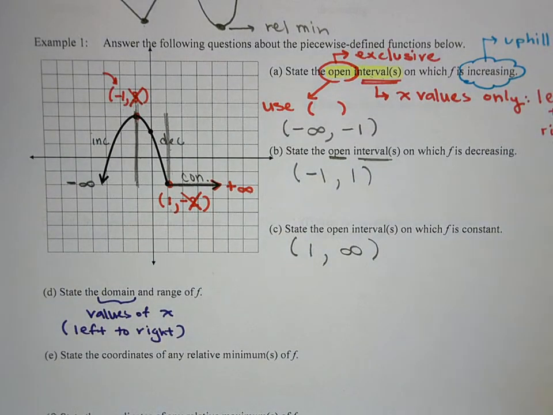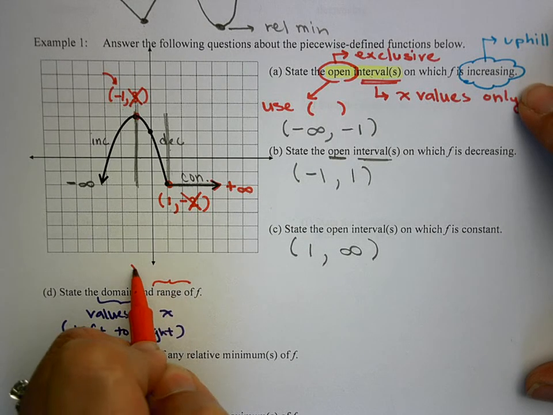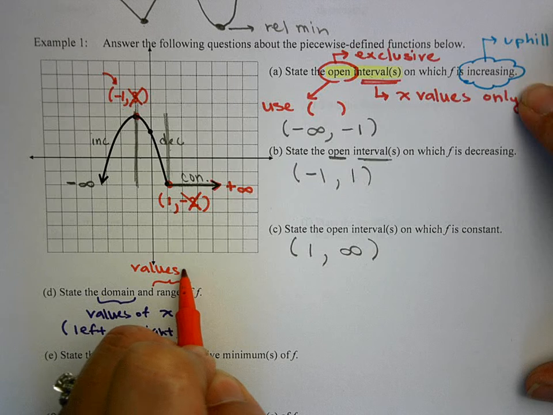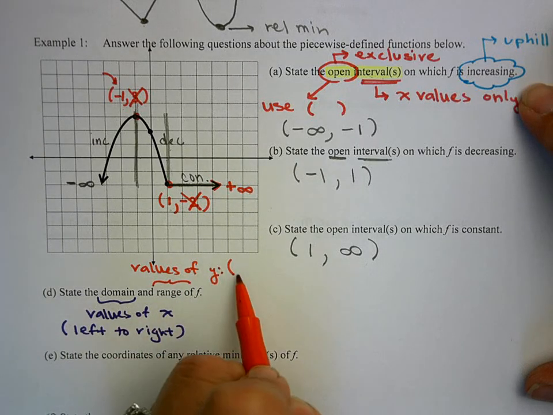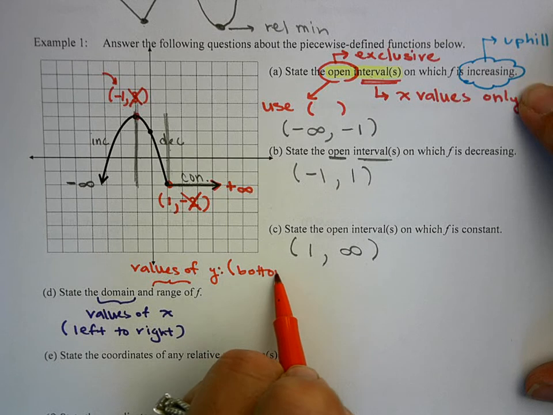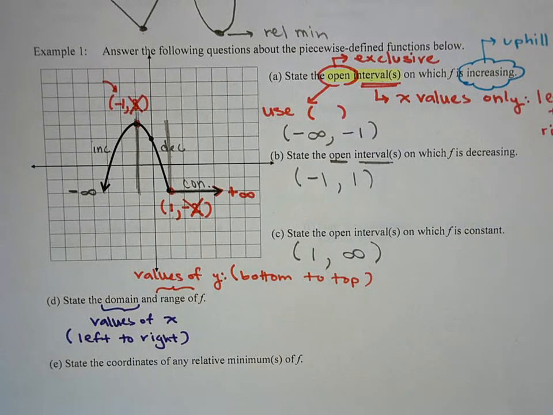And then we also want to state the range. And when we do our range, those are our values of y. And then we always want to go from bottom to top. Right, so how low does it go to how high it goes?